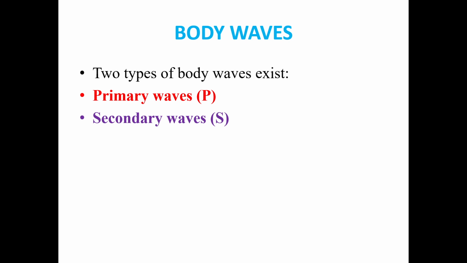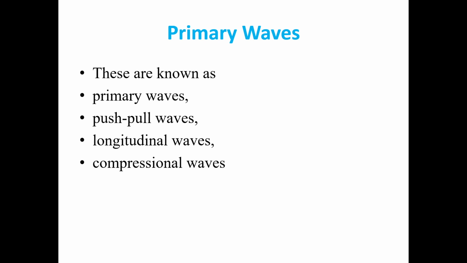Body waves are again classified into two types of waves. The first one is the primary waves, also called P waves, and the second is secondary waves, also called S waves. So let's study primary waves in detail. We know that primary waves means P waves.